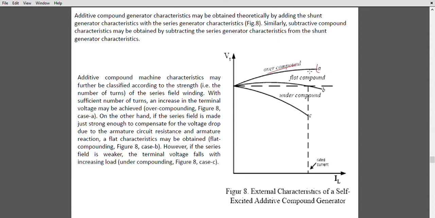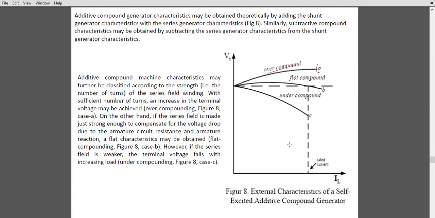Now, if the number of turns is just adequate to compensate the voltage drop due to the armature circuit resistance, then it will show a flat curve, which is a near ideal condition, just compensating the armature circuit resistance. This is represented by stage B.